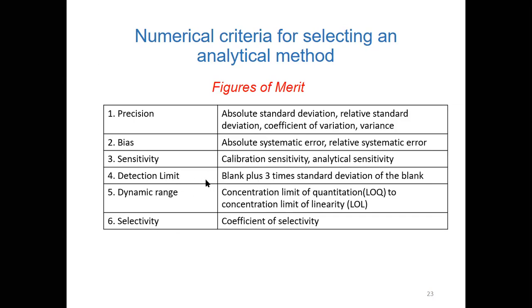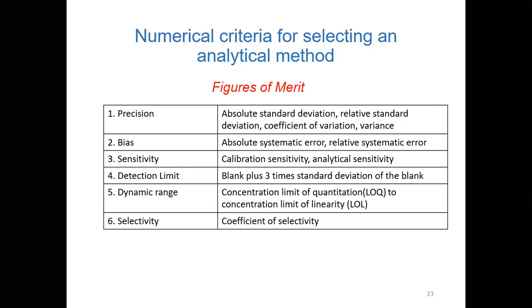And detection limit is the blank plus 3 times the standard deviation of the blank. I'll tell you how to find it, how to do the calculation. So the detection limit is also important. When we find the concentration, we should have an idea about the instrument response.